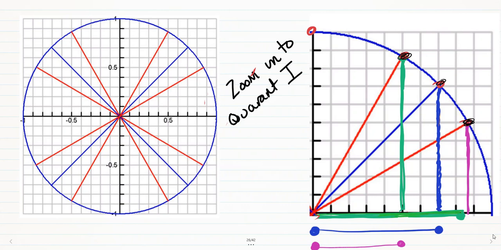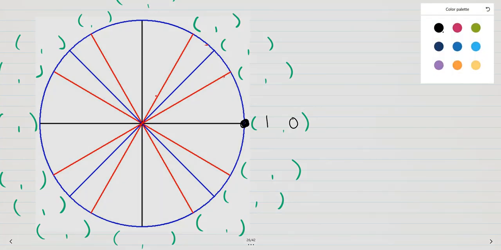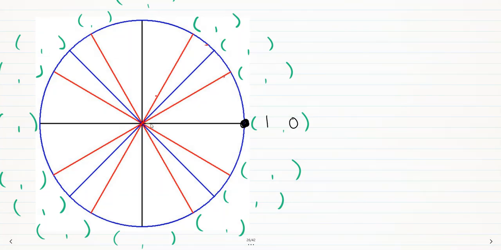Let's try that on the unit circle. Let's put these ordered pairs in. If I wanted the ordered pair for this point on a unit circle, so the length is 1, then x is 1, y is 0. If I want the ordered pair for this next line, here's the X, it's a large. Here's the Y, it's a short.